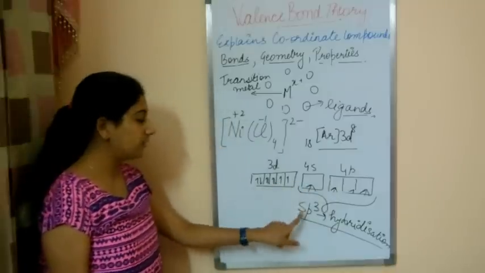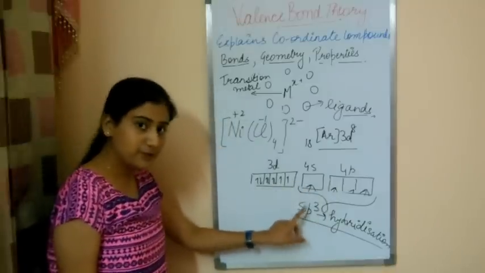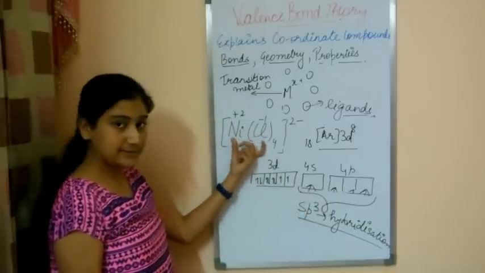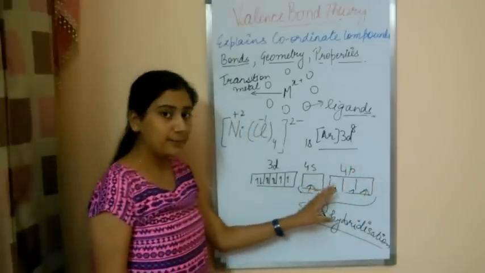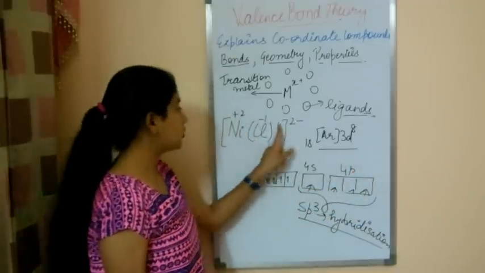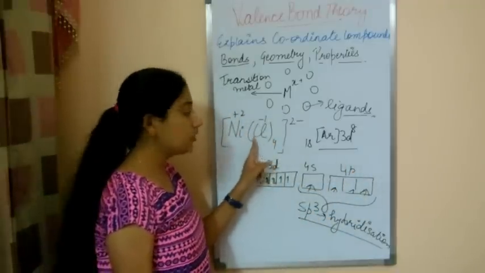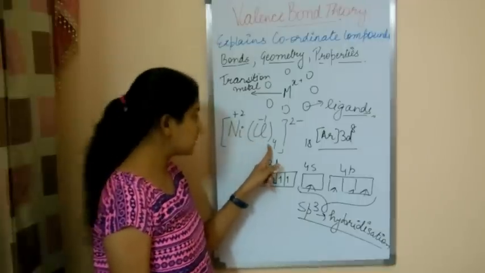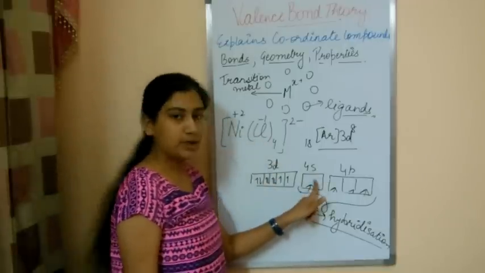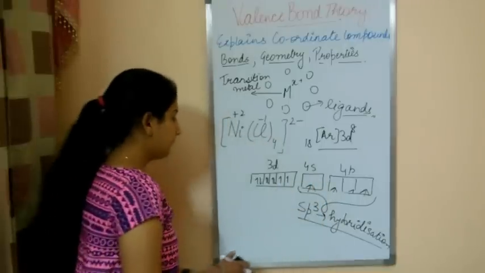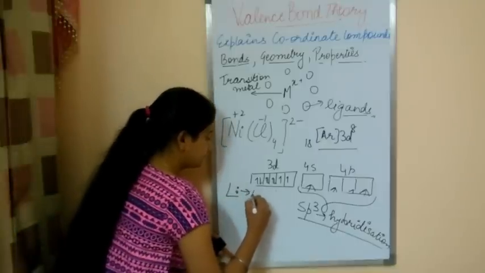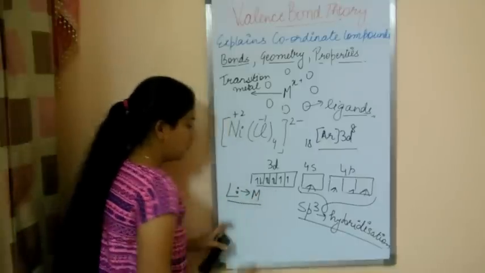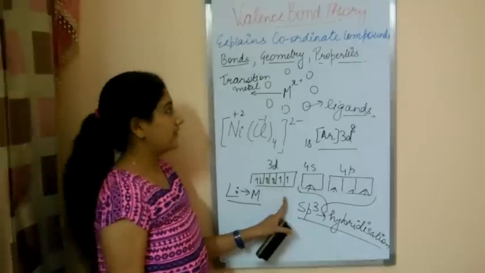This orientation gives perfect geometry to the complex, and these empty orbitals overlap with fully filled orbitals of the ligand. The ligand will always have fully filled orbitals and the metal will provide empty orbitals, and this special bond, the coordinate bond, is formed in coordinate compounds.